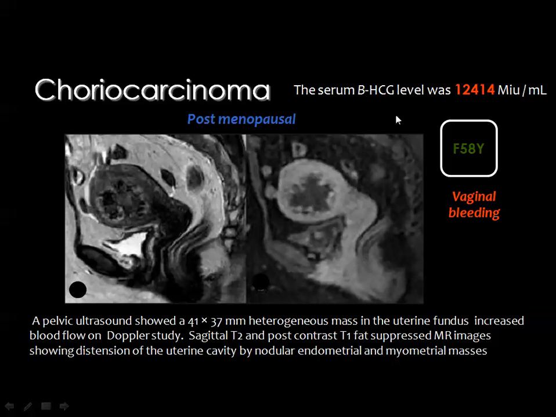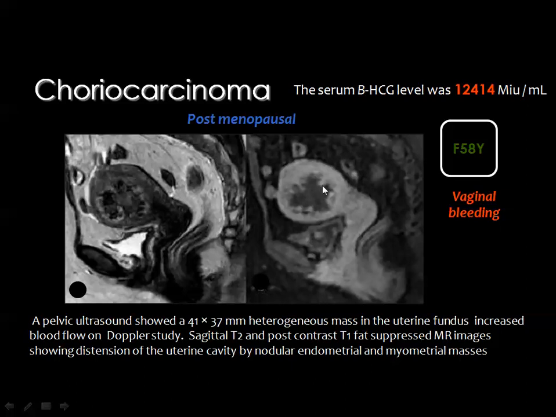The serum beta human chorionic gonadotropin is about 12,114 milli-unit per milliliter. Then you see the irregular mass within the uterine cavity.